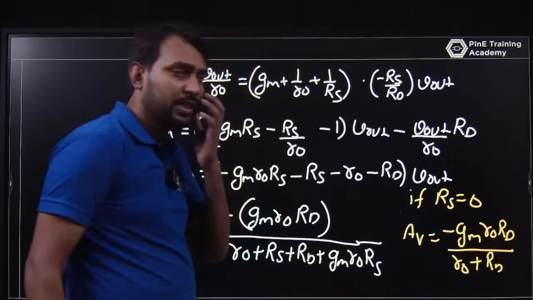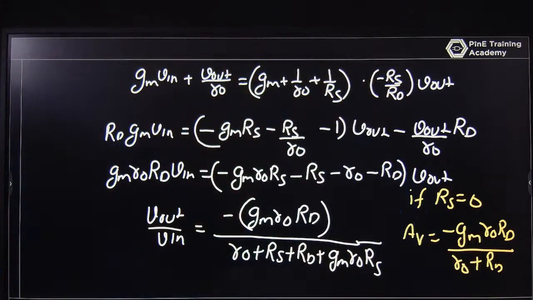This is minus Gm times R naught parallel RD, that is R naught RD upon R naught plus RD. Okay, so if Rs is present, this will be the gain; if Rs is not present, that will be the gain. So of course, if Rs is present, the gain decreases.